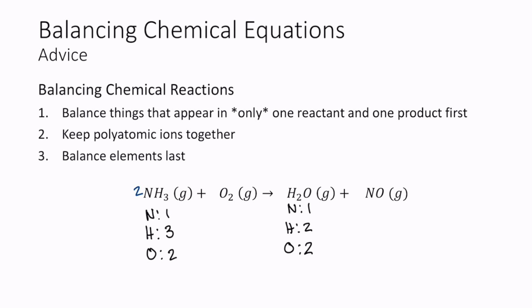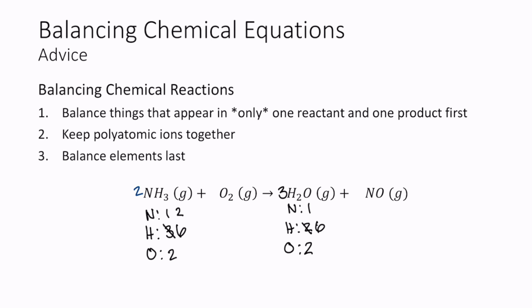So now I have 6 hydrogen here, but that also messed with the number of nitrogen. I now have 2. So in order to balance the hydrogen on the other side of my reaction, I also want to make 6. So I can put a 3 in front of my water, and that will give me 6 total hydrogen.